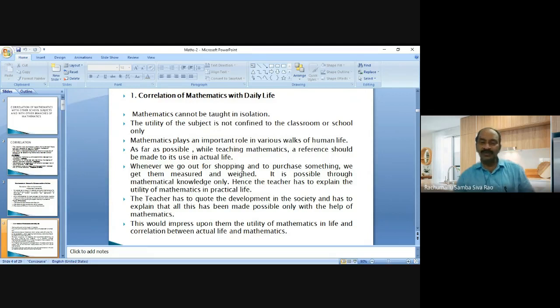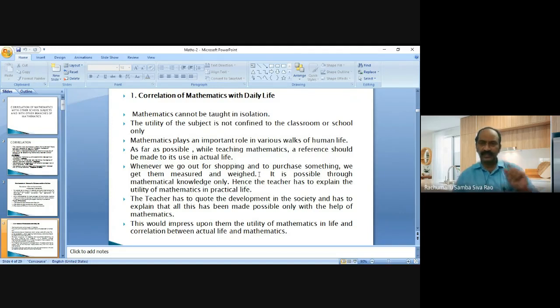Whenever we go out for shopping and to purchase something, we get them measured and weighed. Suppose a father sent his son to bring some sugar.